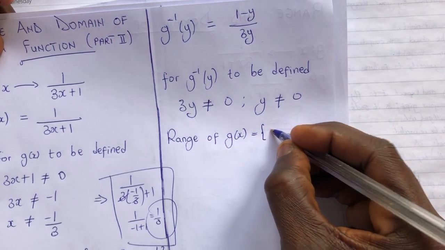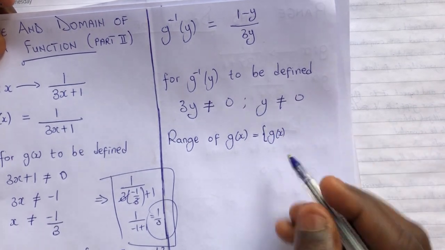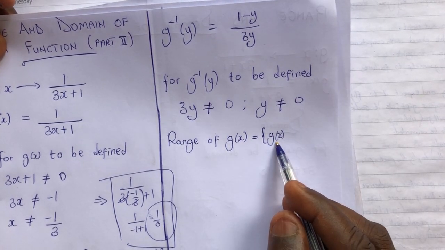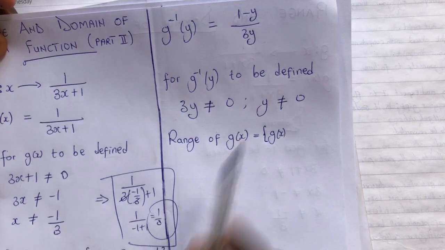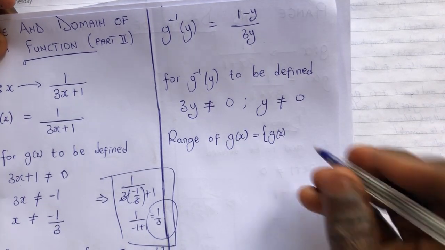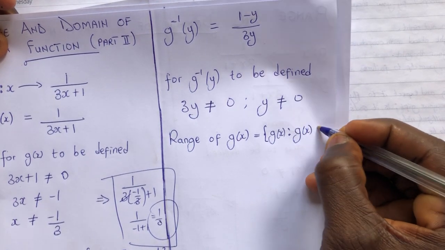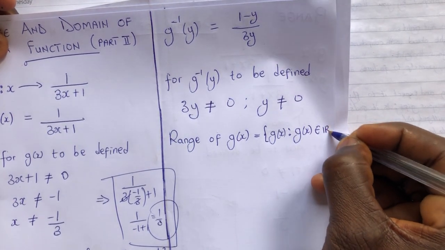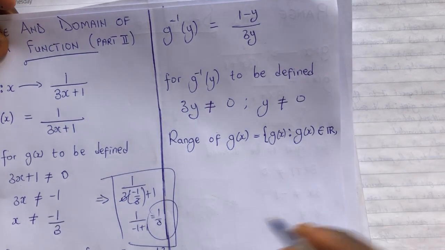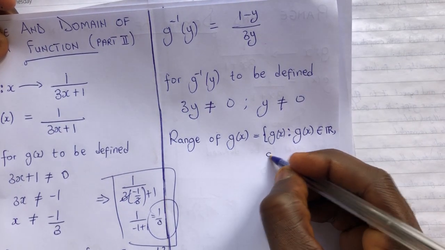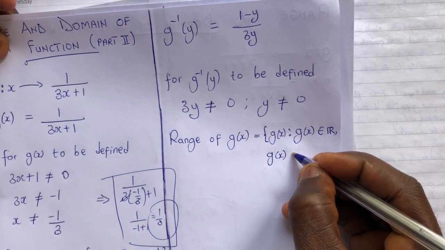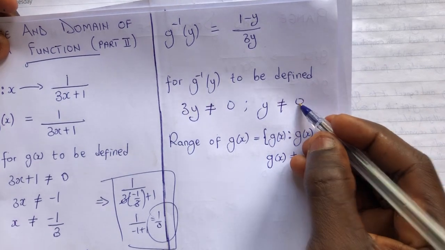So now I'll say that g of x, this time I didn't use x but g of x, because y equals g of x. G of x is such that g of x belongs to all real numbers. This is the symbol for real numbers. G of x must not be equal to what?